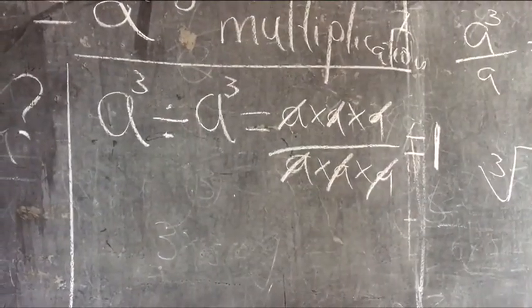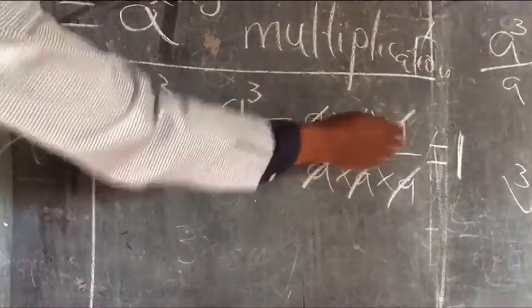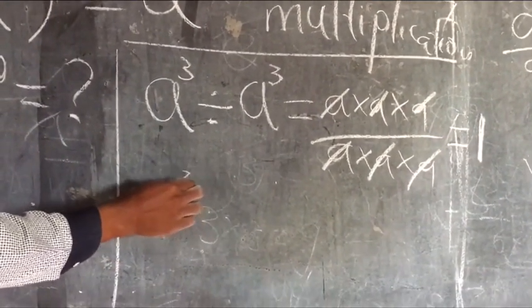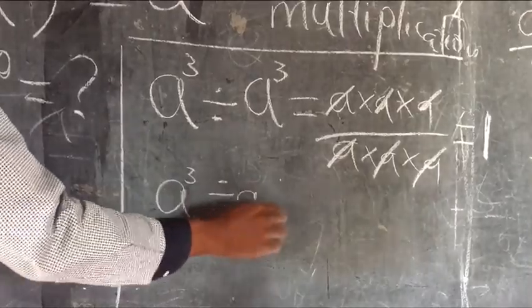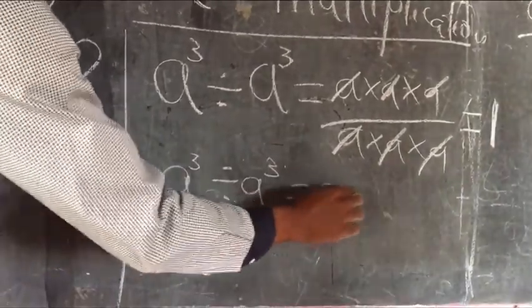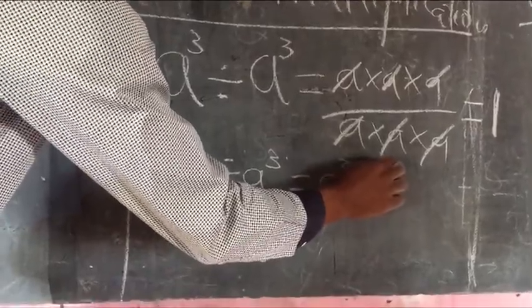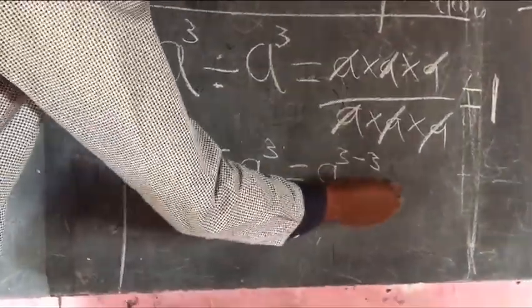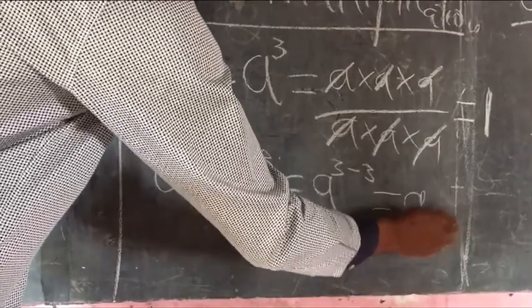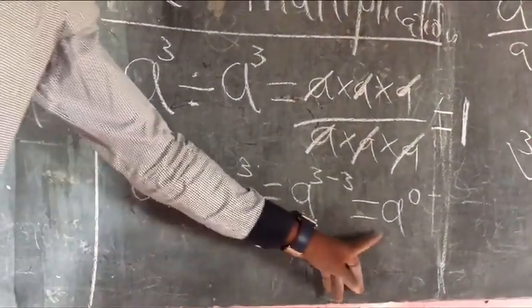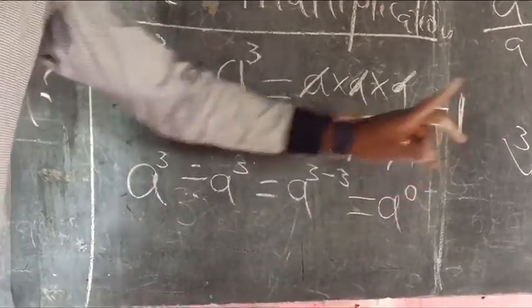Now, this one is algebra. If I get a raised to power 3 divided by a raised to power 3, and I use law number 2, I subtract the powers: a raised to power 3 minus 3, and I get a raised to power 0. So a raised to power 0 is the same thing as 1.